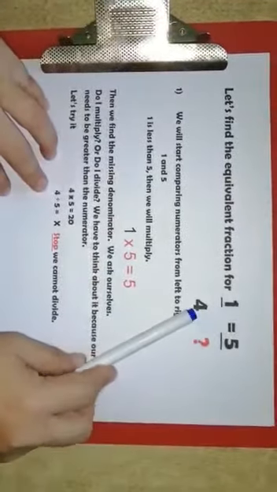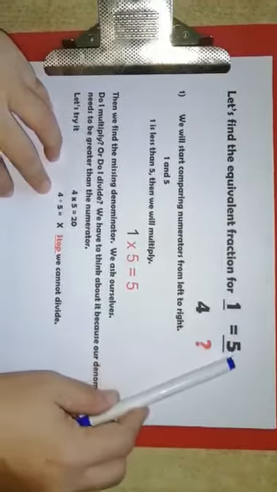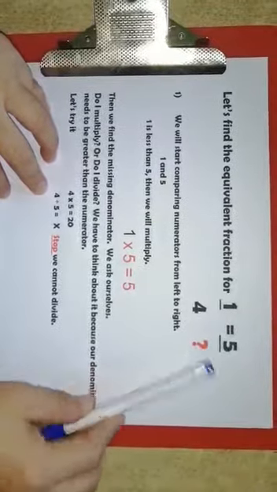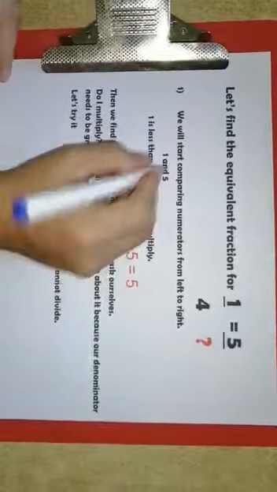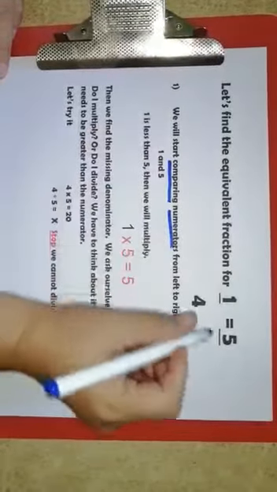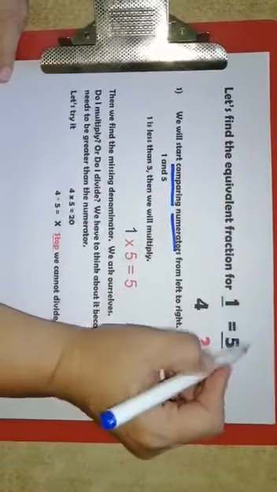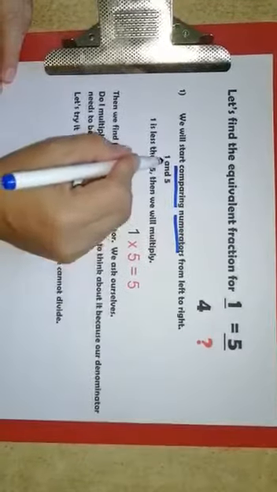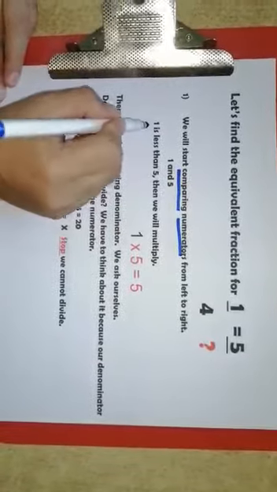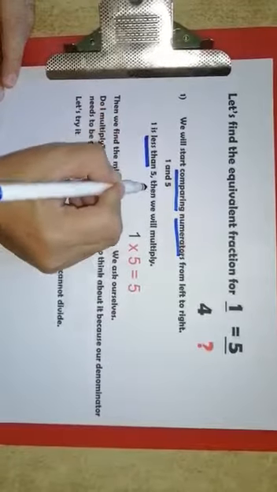Let's find the equivalent fraction for 1/4 and 5 over a missing denominator. We will start comparing numerators because we have the numerators given in the fractions. 1 and 5. 1 is less than 5.